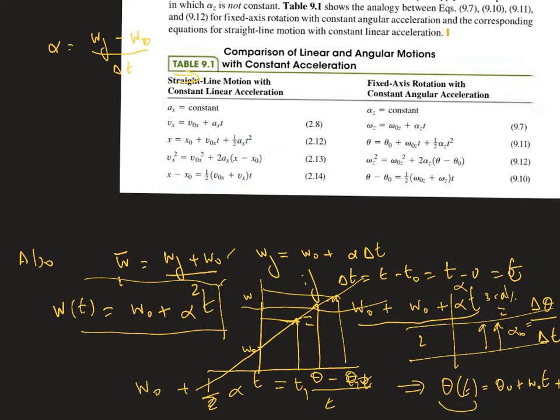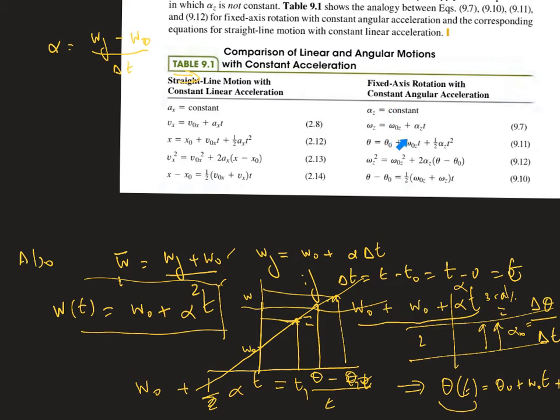We know Vx changes like this, we have seen this kind of equation. And delta x is 1/2 of v final plus v initial times t.